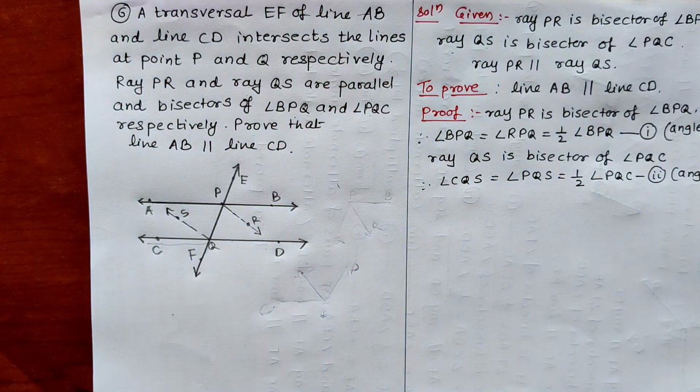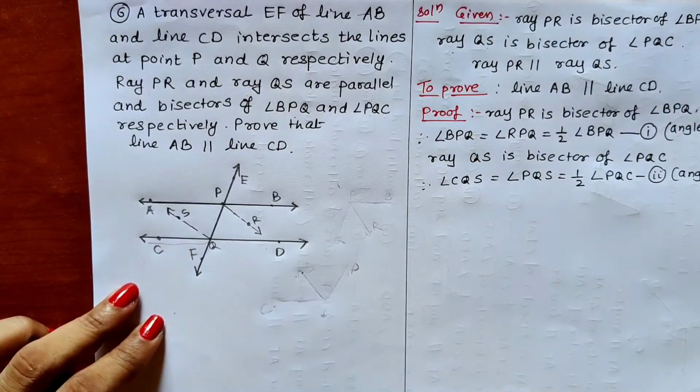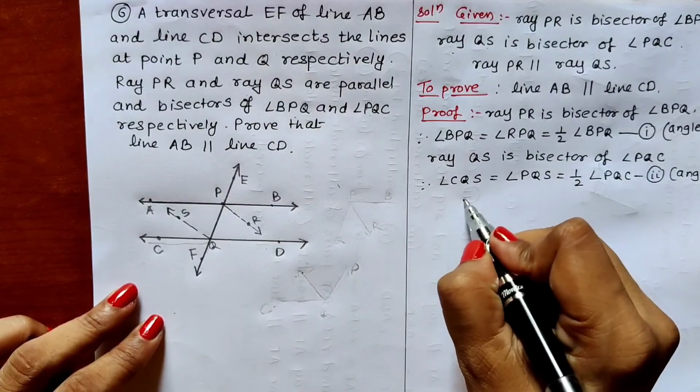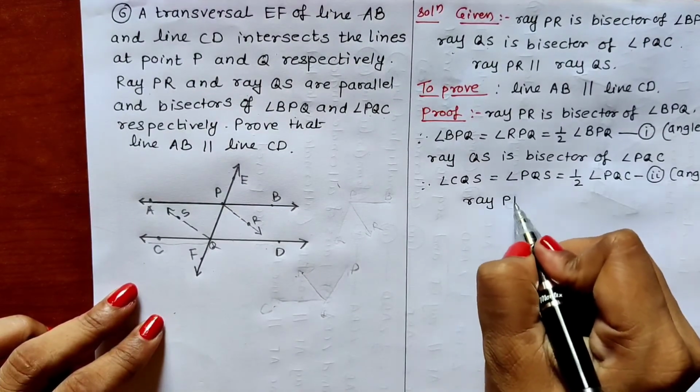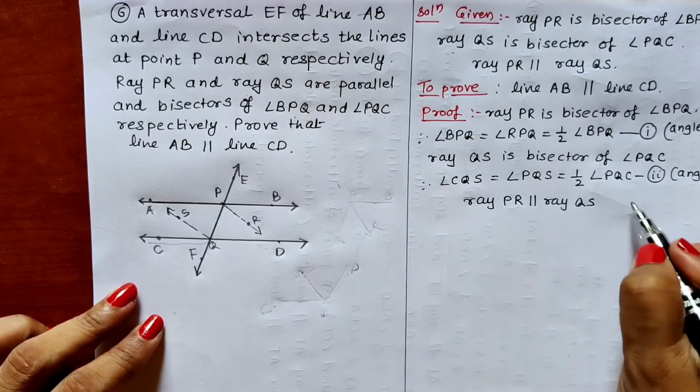Now next we have given this ray PR and ray QS are parallel to each other. So we will be writing ray PR parallel ray QS. This is given to us.